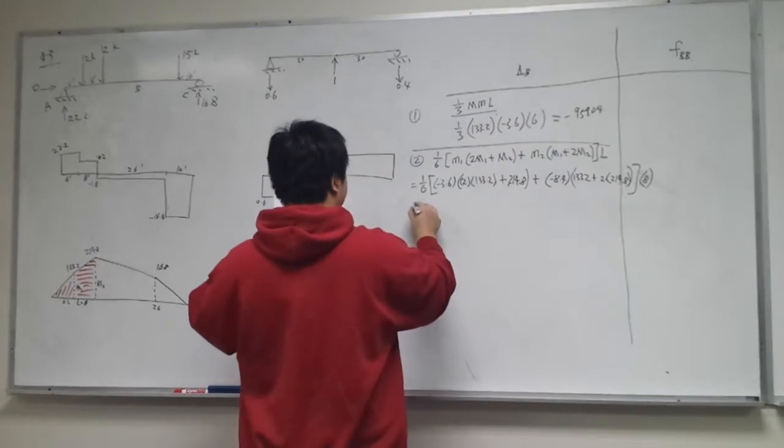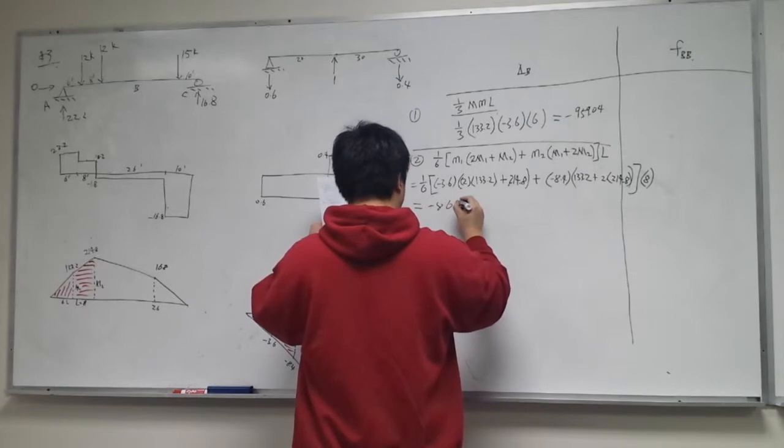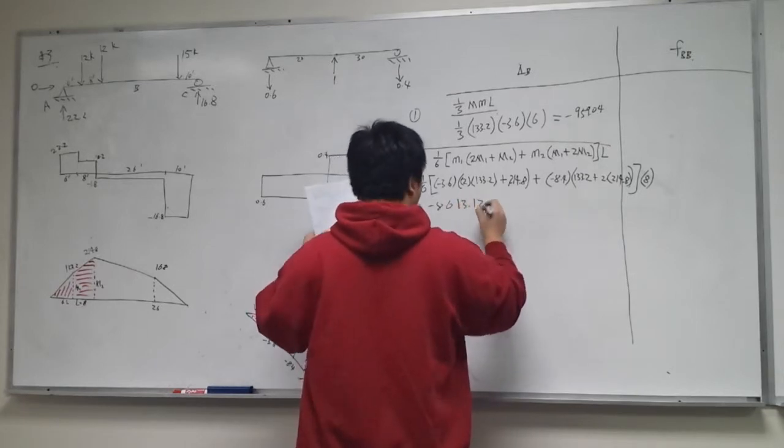So you do that, you're going to get negative A1 or A 613.12.